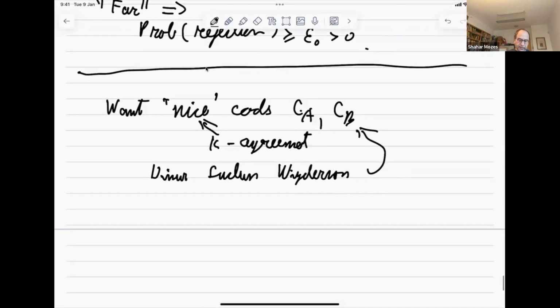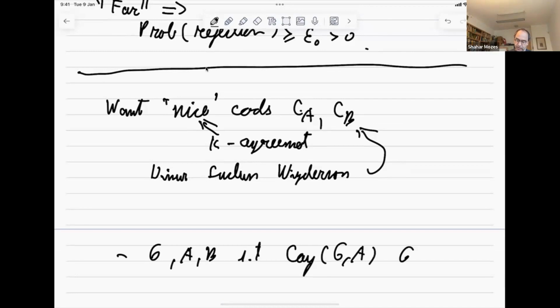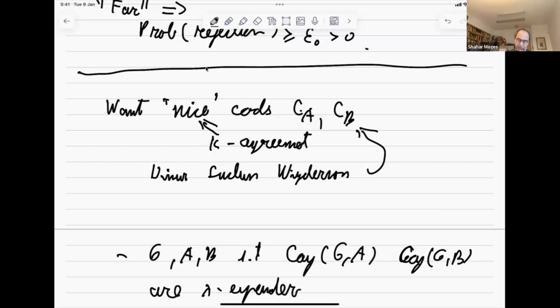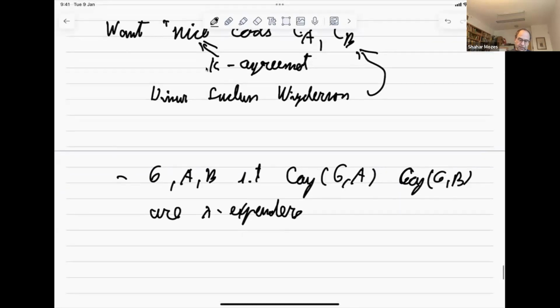The other thing we need is a group G with two sets of generators, A and B, so that both Cayley graphs are lambda expanders. There are by now lots of constructions, but you want them to have that no element of A is conjugate to an element of B. Okay, I think I have 3 minutes if I'm correct.